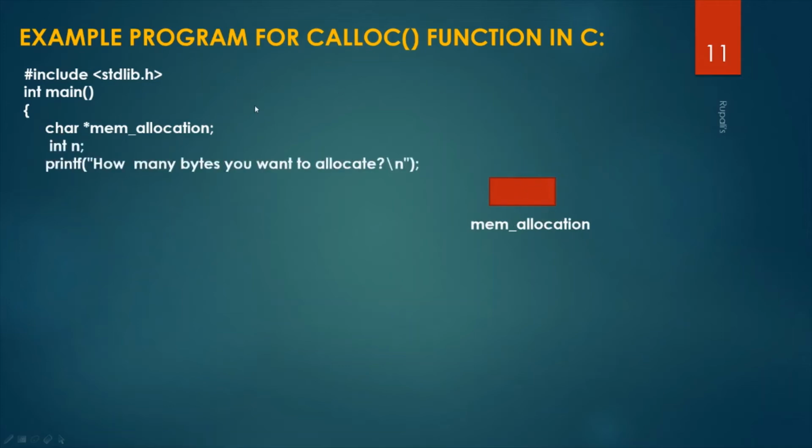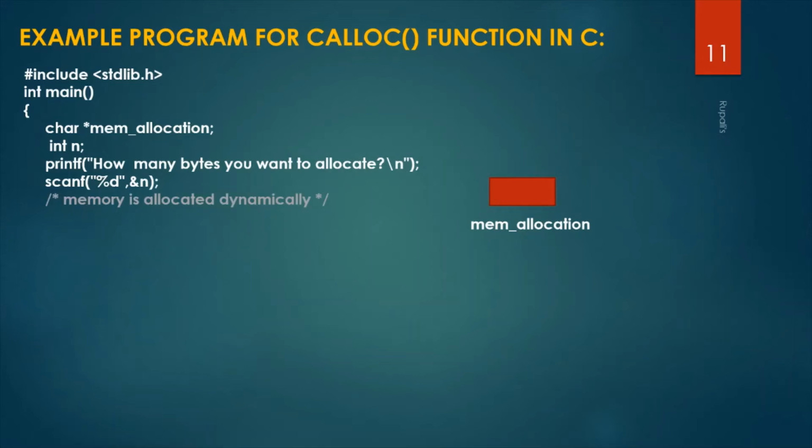Now I ask the user how many bytes he or she wants to allocate at the time of run. So the user gives n bytes. Say the value of n is 10. Now I want to allocate 10 bytes dynamically.